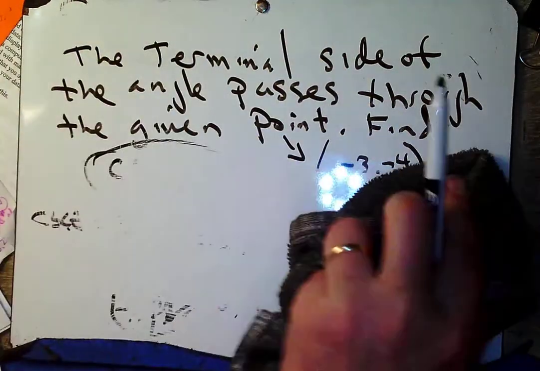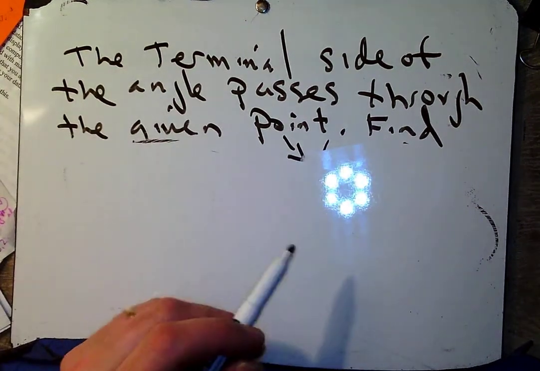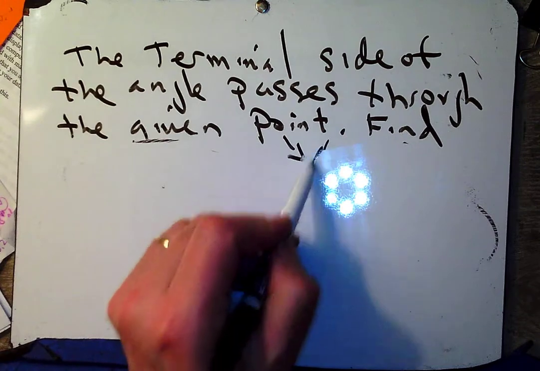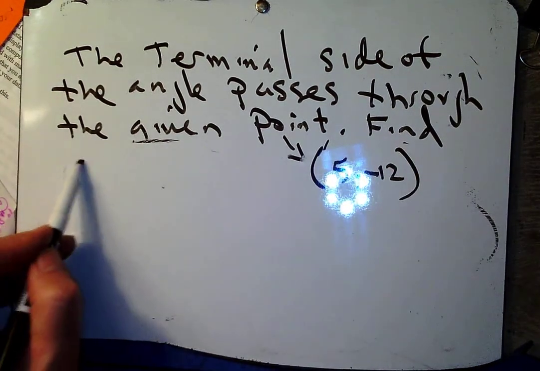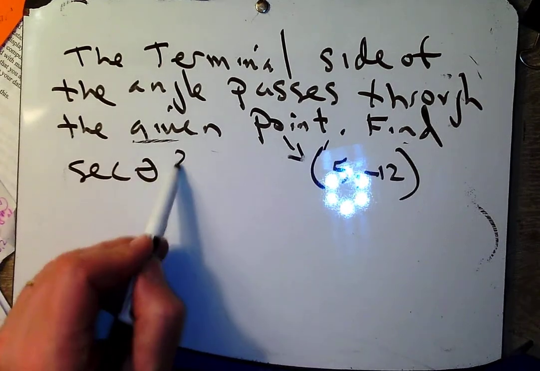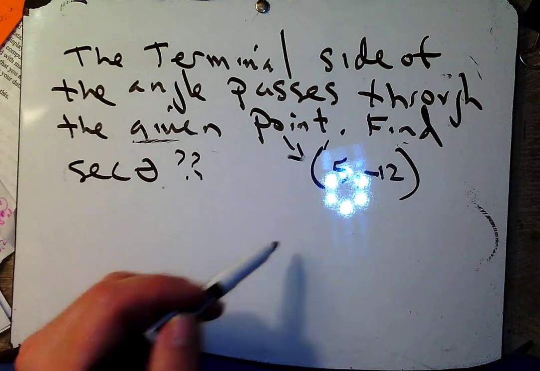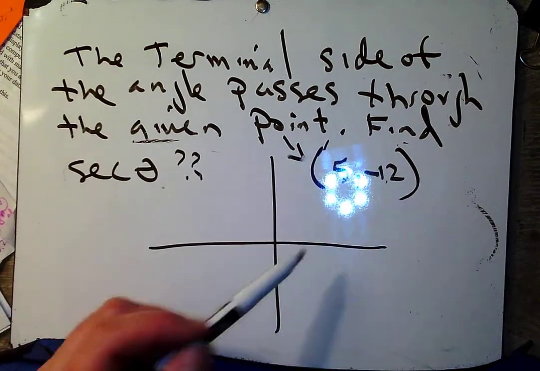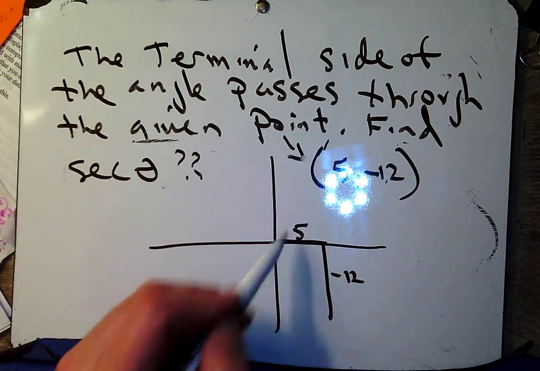So what if instead we said that the point that the terminal side passed through was 5, negative 12, and this time we're looking for secant theta. Find secant theta. Well, I want to draw this triangle where the x value is 5 and the y value is negative 12.